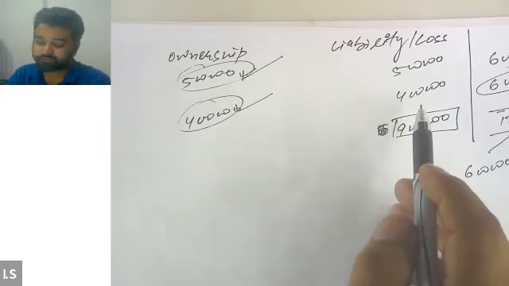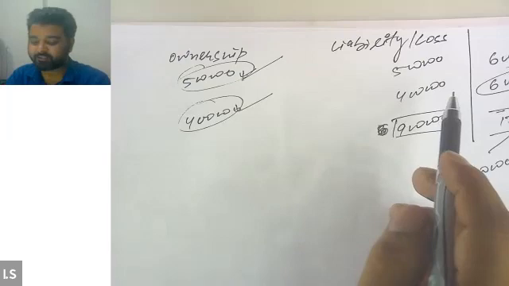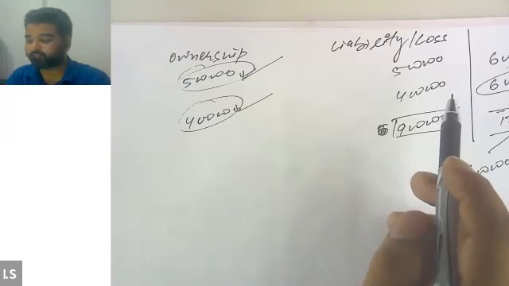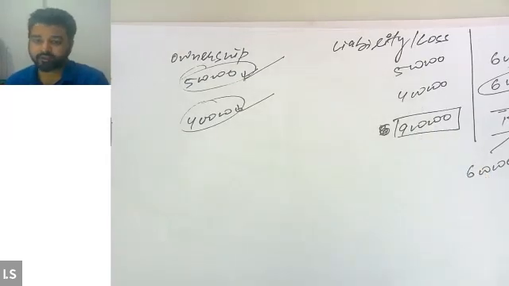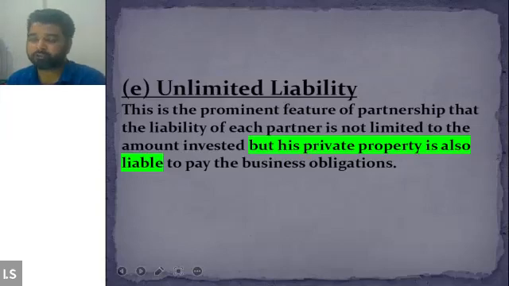And if it is still not settled, then the amount will be settled through their private property. So this is why we call the liability of the partners in a partnership firm unlimited. This is the prominent feature of the partnership, that liability of each partner is not limited to the amount invested, but private property is also liable to pay the business obligations.